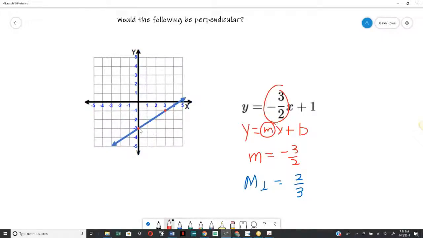If we draw our right triangle to help us find the slope, the rise is 2 and the run is 3. So the slope of this line is 2/3. Since 2/3 times -3/2 equals -6/6, which is -1, yes, these are perpendicular.